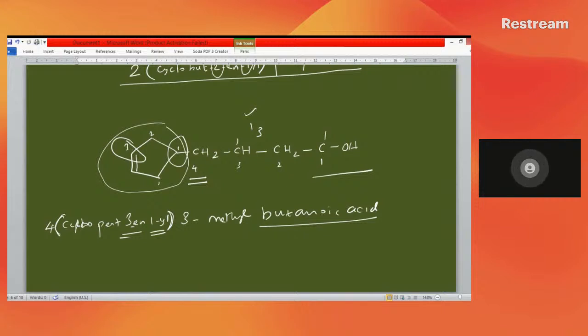Now both side chain and ring are having the functional group. So which is to be given preference? That's the next rule. The functional group present in the side chain may be given preference. Based on that, the next rule can be explained. Yes, we can have an explanation as follows.